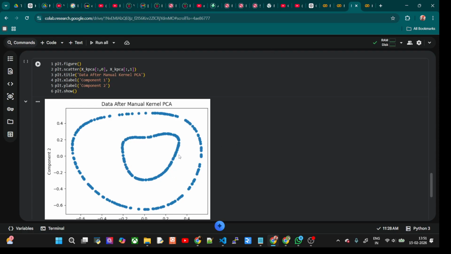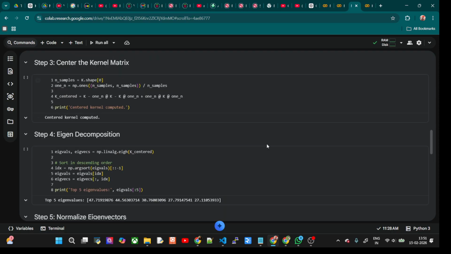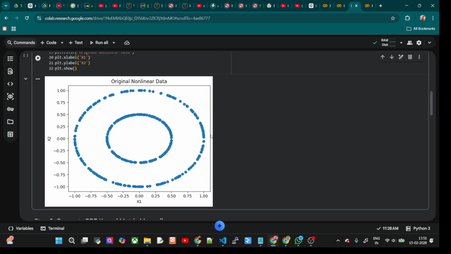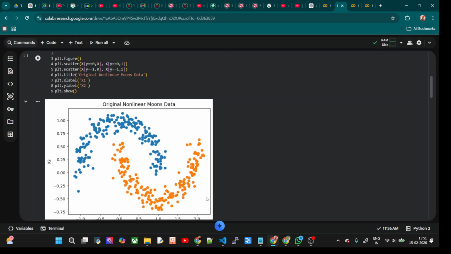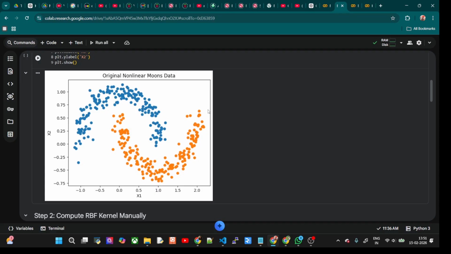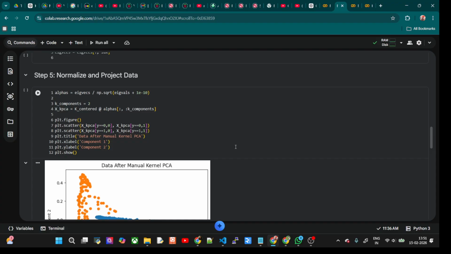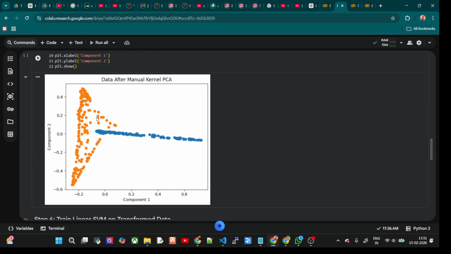But this graph is very standard, where if you see the exact data, it becomes like an exact circle. But generally in normal applications, the data comes with lots of noise and everything. So this kind of data you will get, and if you apply PCA on top of this, finally this is the output of your PCA.